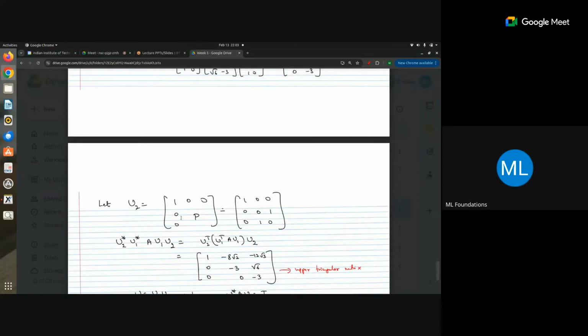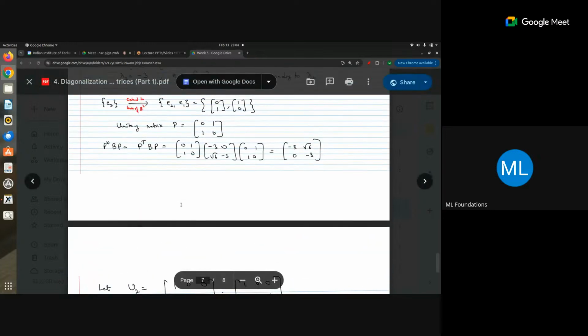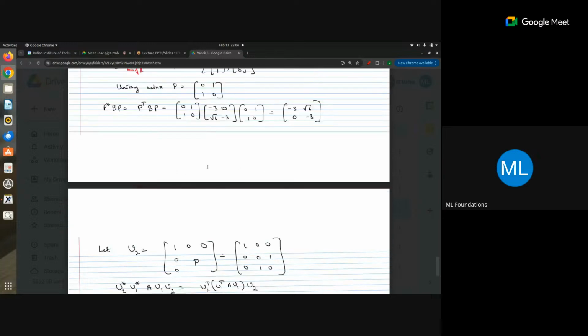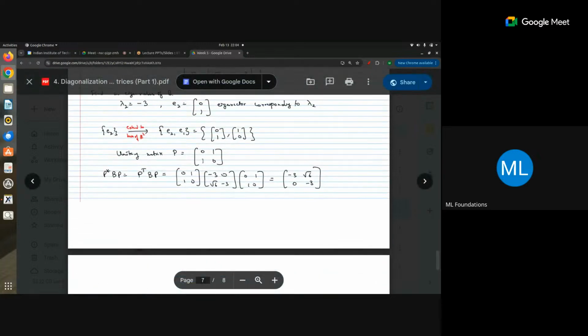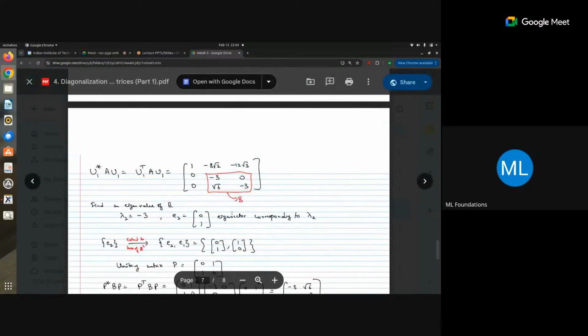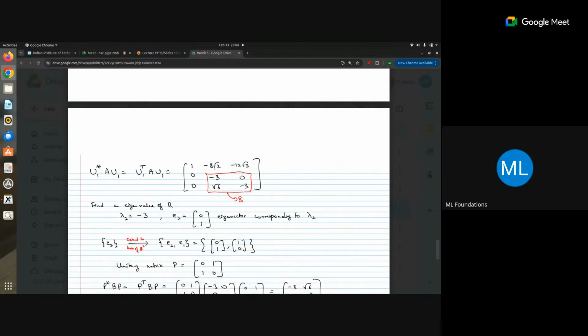So U2 will be defined such that the first column is (1, 0, 0), found by putting zeros here, and keep this P matrix, which is (0, 1; 1, 0), the orthonormal basis, here. Now do the multiplication: find its transpose and multiply with this part. The initial matrix we found is this one: 1, minus 8 root 2, minus 12 root 3.